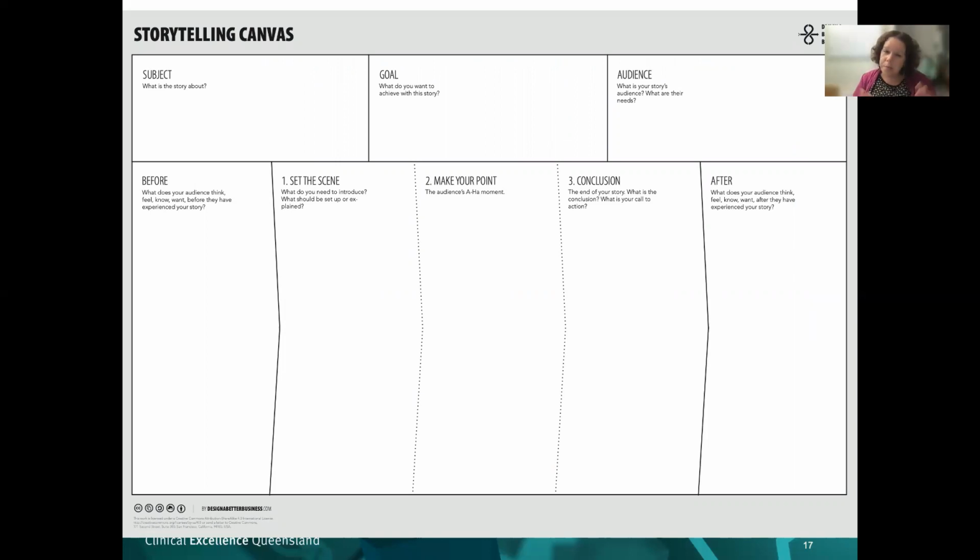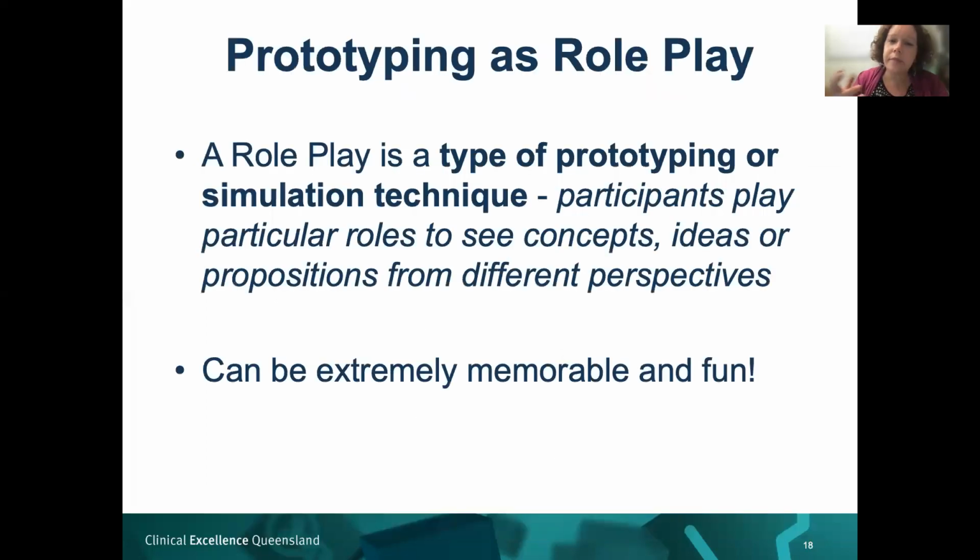So when people are pitching back the outcome of your co-design or design thinking workshop, it might be a physical prototype or it might be a narrative. And you could give them a tool like this where they could write through and develop their script or their scene or what is going to change as a result of their idea or concept.